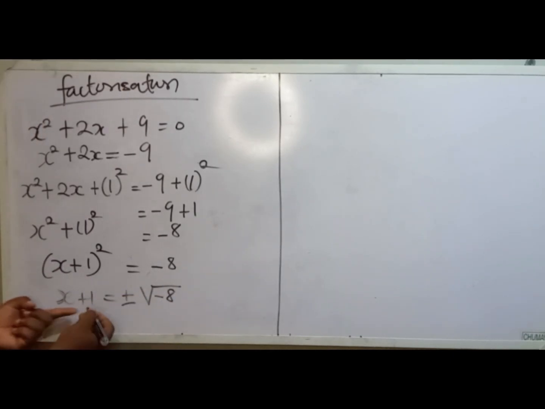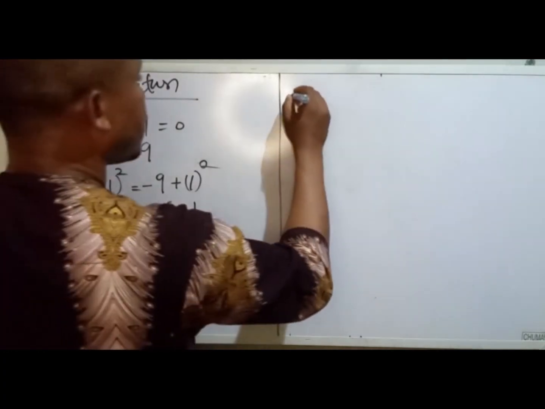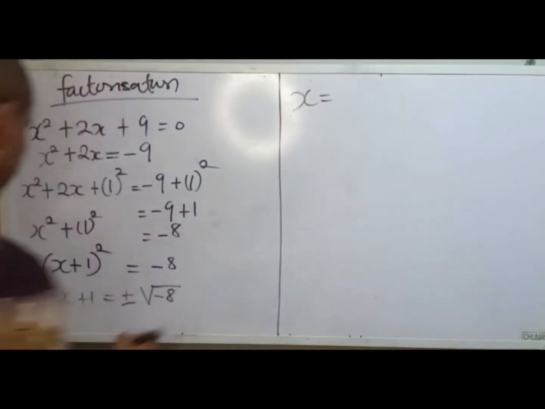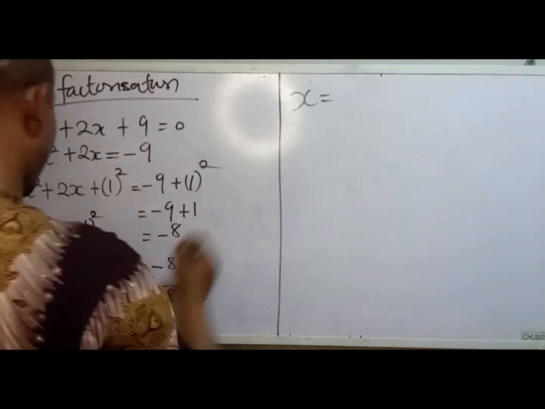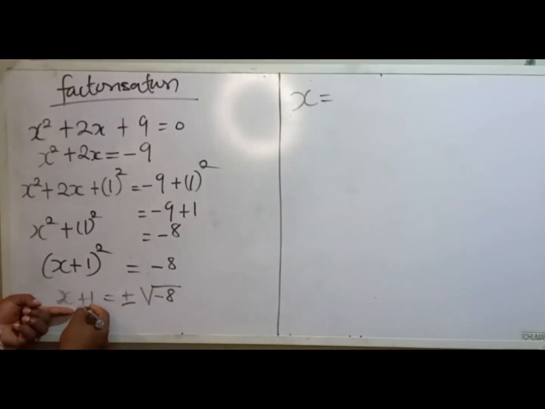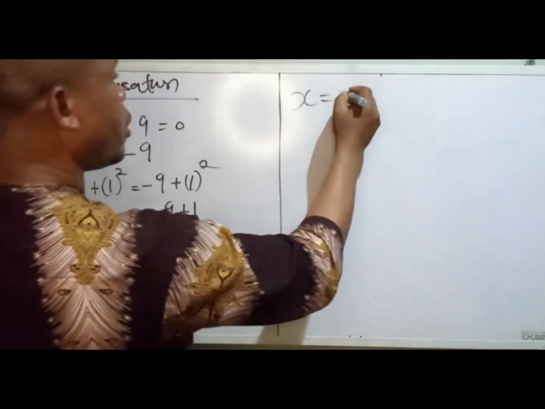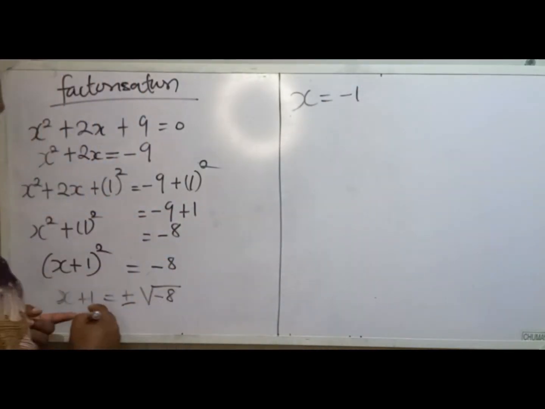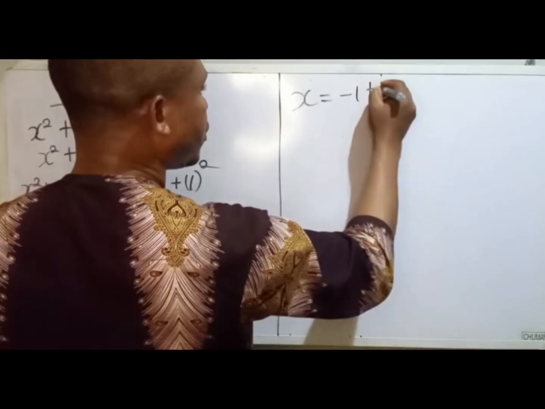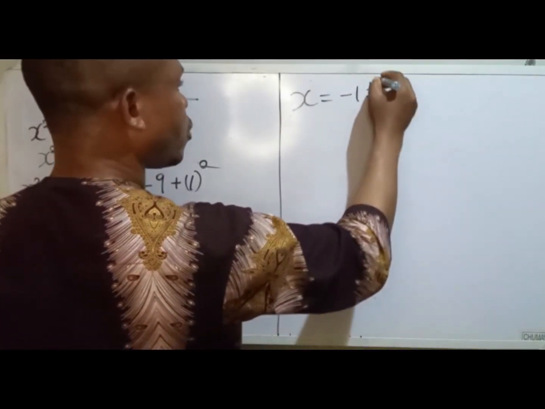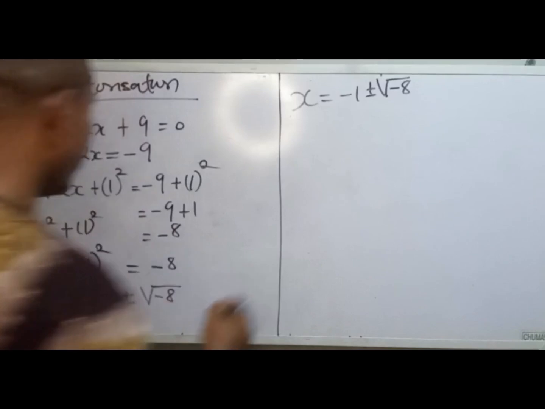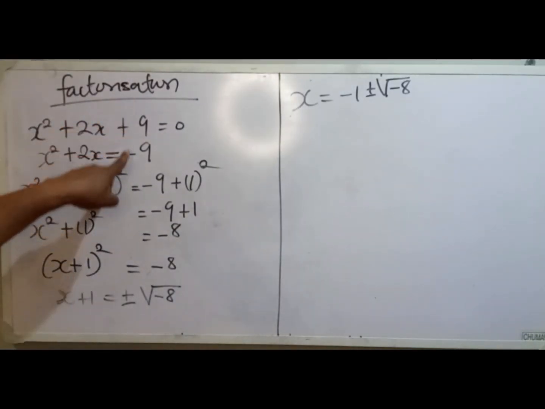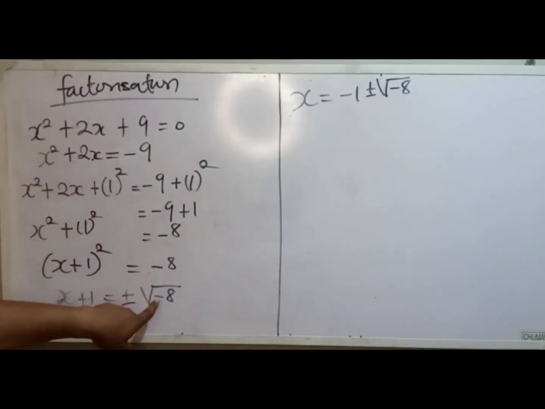So now let's equate our x, meaning we're taking this 1 to the other side. So it's now going to be x equals minus 1 plus or minus the square root of minus 8, because we're having minus 8 here.